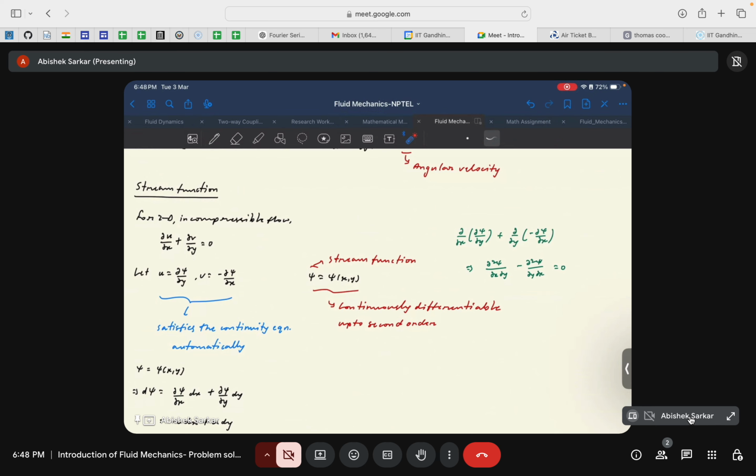The thing is, I feel personally that whatever I'm covering here, for important concepts like stream function and velocity potential, is very limited, only useful for solving basic elementary problems relevant to this particular course, or any elementary fluid mechanics problems.